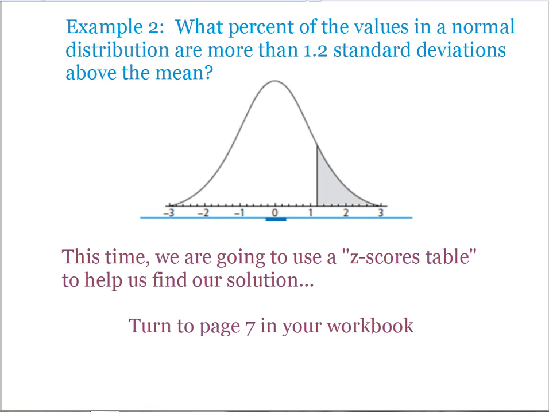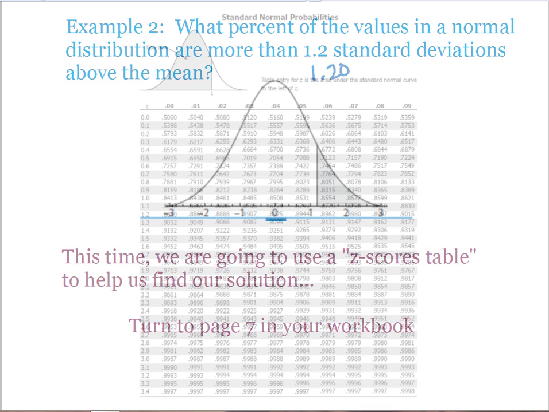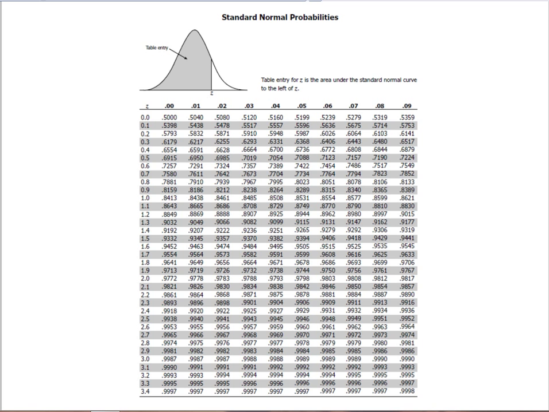We're going to use the z-score table in your workbook to help us find the solution. So we're going to turn to page 7 in your workbook and take a look. Remember, the standard deviation I'm looking for is 1.2, and I'm going to call that 1.20. You'll see why in just a second. In a z-score table, down the left-hand side of the chart is my z-score, or the beginning of my standard deviation.